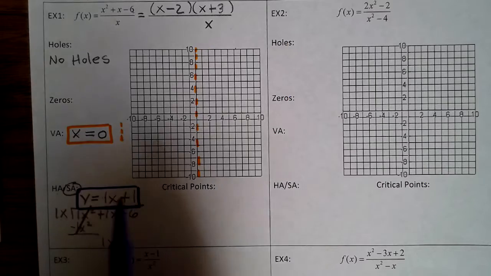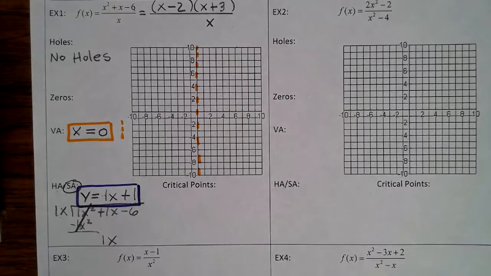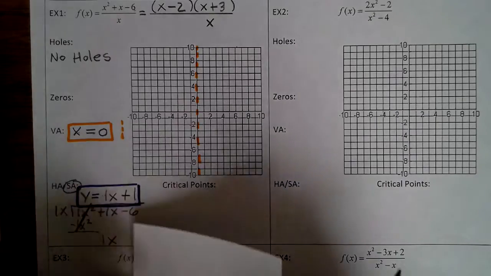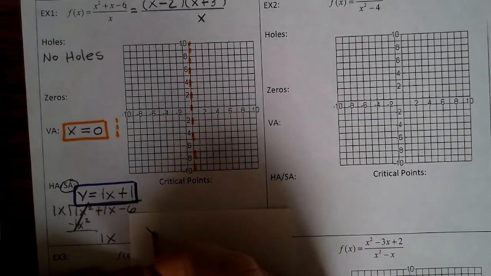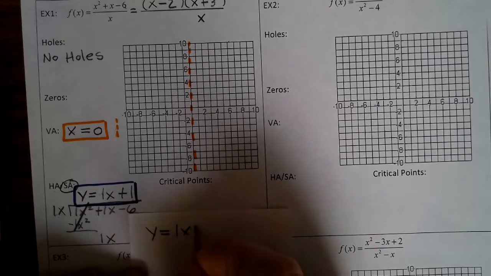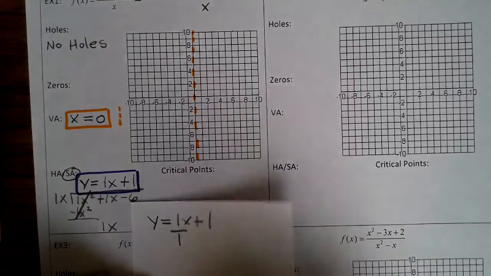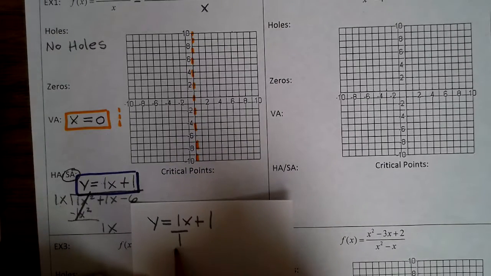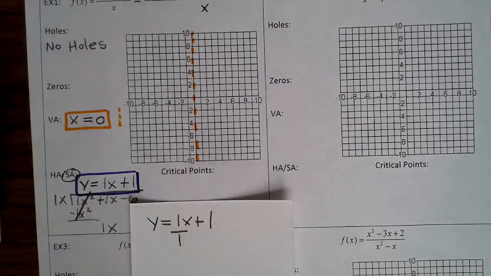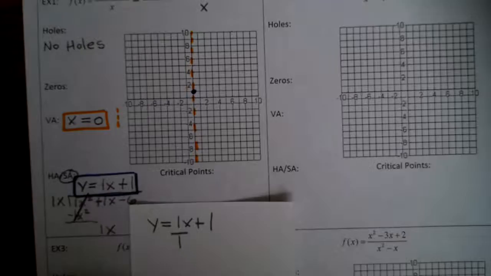Okay. Now, it's important to note that when we say y equals 1x plus 1, well, we need to divide this by 1 because that's our slope, and slope is always a fraction. Okay, so to graph this, we start at 0, positive 1. And then our slope is rise 1, run 1.